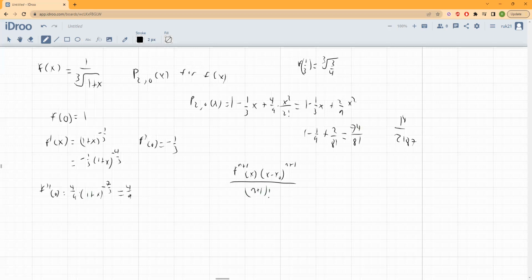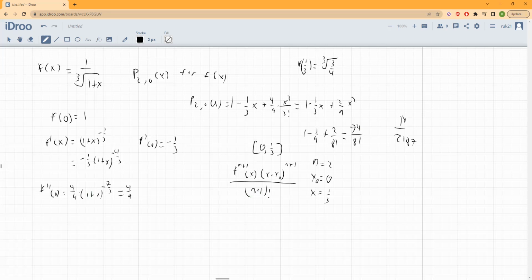We have the second degree, so instead of n we plug in 2. Our x null is equal to 0 because we're centering it around 0. Our x, we can already see, is going to be 1/3, because our interval is from 0 to 1/3, since we're estimating the 1/3 value using the Taylor polynomial centered at 0. So to maximize this, x will equal 1/3.